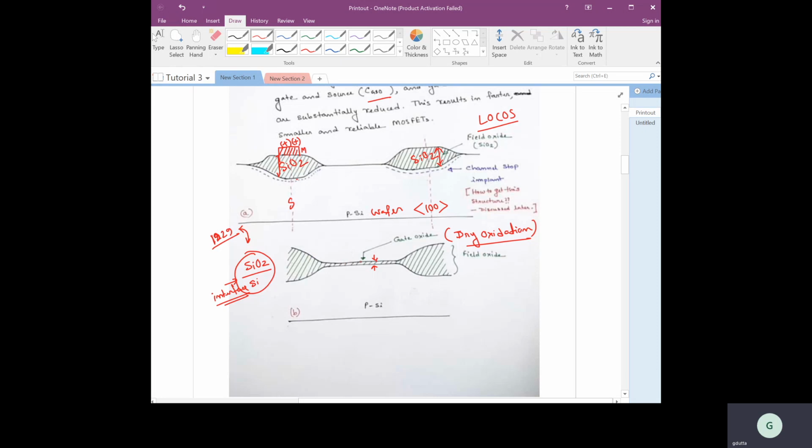And when you are doing this oxidation, some oxide will definitely grow here, because this silicon surface is open to the atmosphere. Once you expose it to that oxygen ambient at high temperature, definitely one thin layer of silicon dioxide will form here, as you can see.